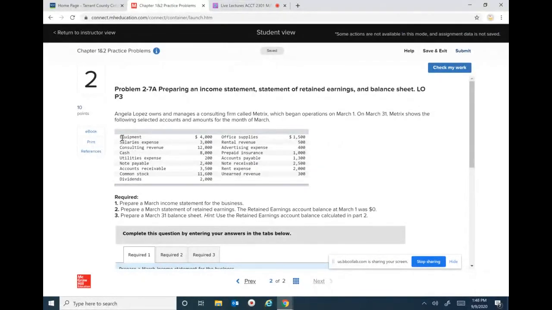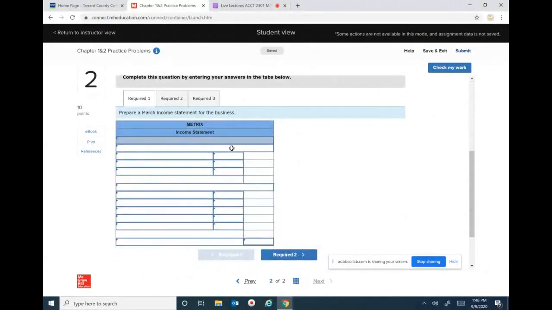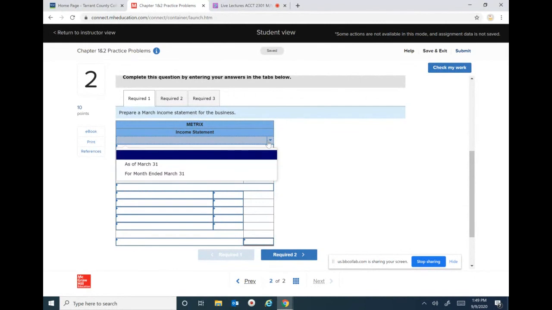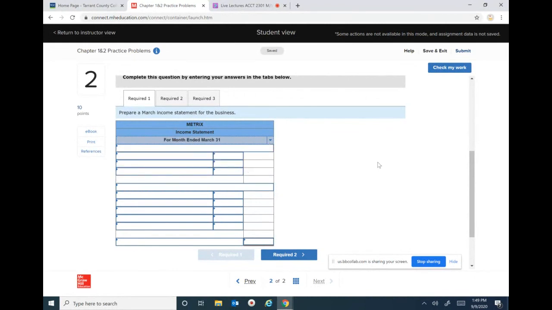So here I'm looking for consulting revenue, anything that is earned revenue, I'm going to place on the income statement. So I found consulting revenue, $12,000. I'm also looking at rental revenue, $500. So on the income statement, we report performance for the month ended.